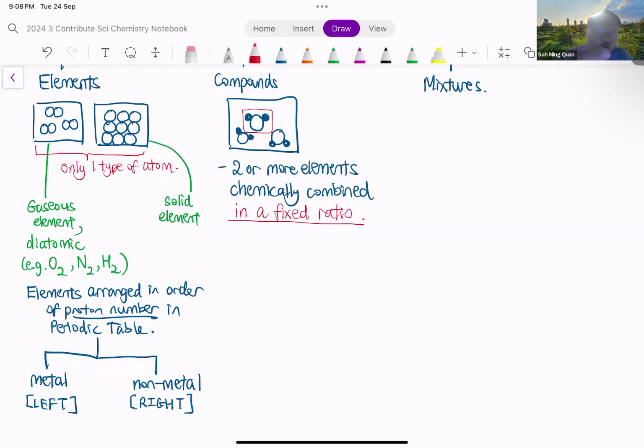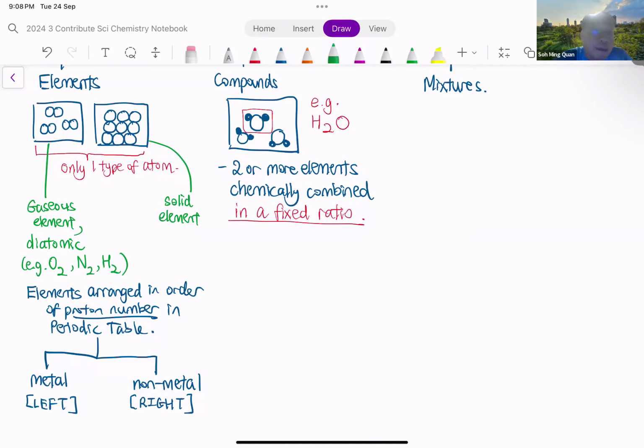In this case, 2 dark circles to 1 white circle. So this could be, for example, water. You have 2 hydrogens bonded to 1 oxygen, 2H to 1O. Therefore, that is a fixed ratio, right? So compounds contain 2 or more elements chemically combined together in a fixed ratio.